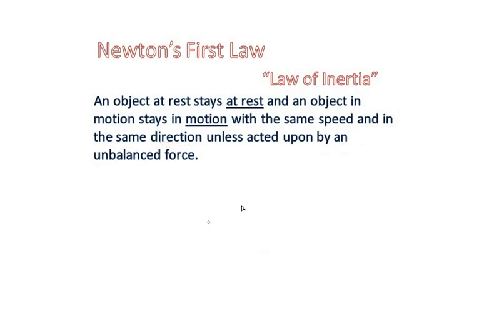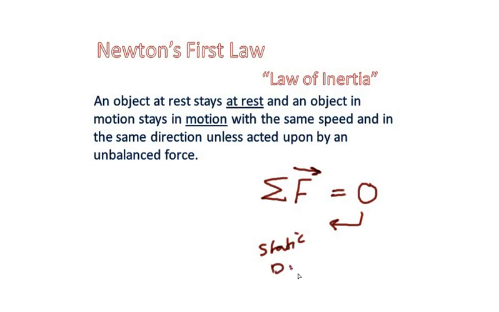A mathematical representation of Newton's first law is sigma F. Sigma means the vector sum of the forces, or the total force affecting an object, is equal to 0. Actually, we can apply this formula when the object is at static or dynamic equilibrium.